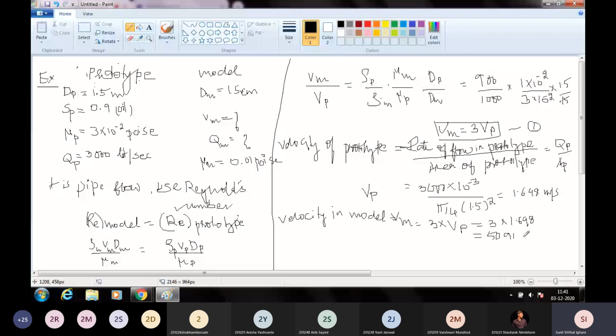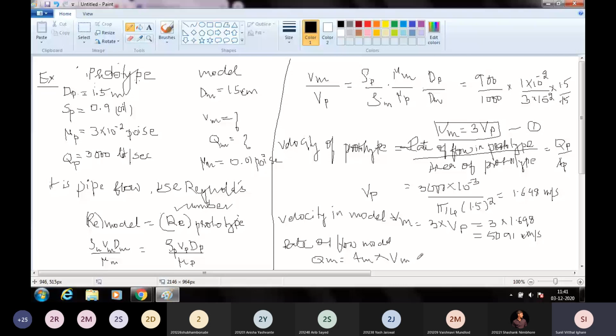In the same way, you find the rate of flow, that is discharge, of the model. So Qm is equal to Am multiplied by Vm, area into velocity. We know the formula.